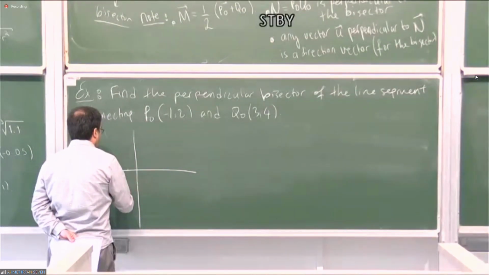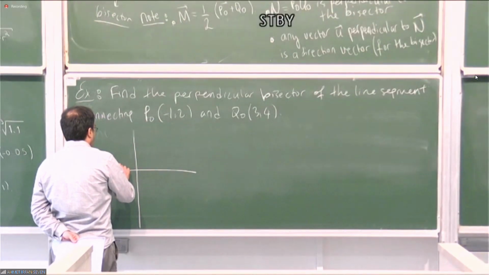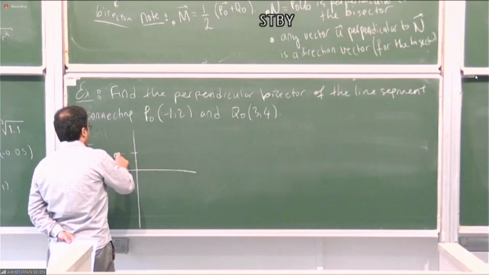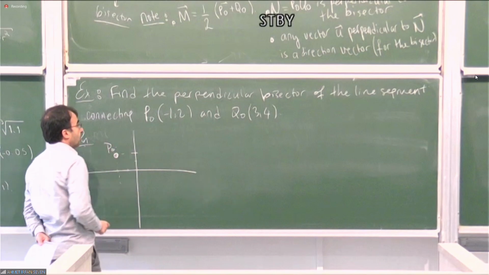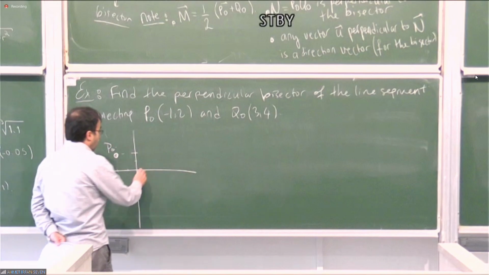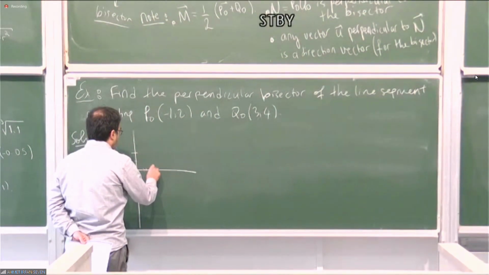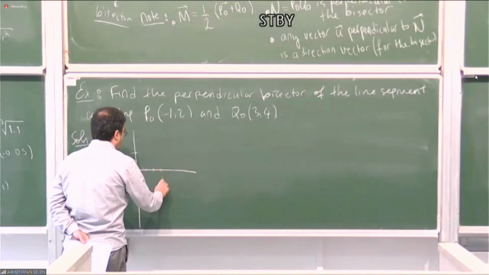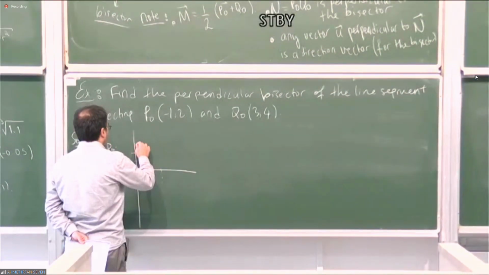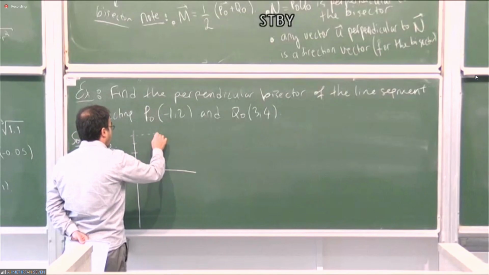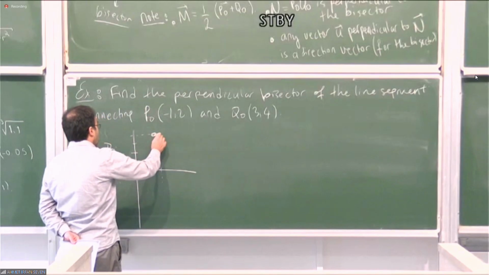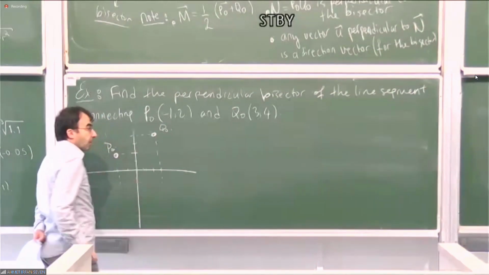Okay, so as I said, we are in the plane. So this is P0, and the other, Q0, will be 3, 4.